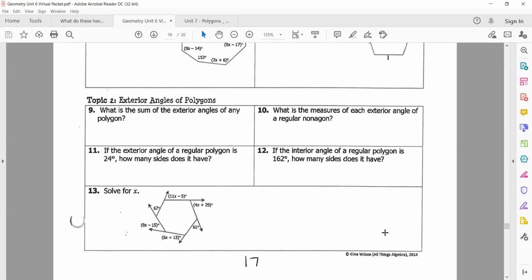Question number 9 is a giveaway for you because it asks what is the sum of the exterior angles of any polygon. Any polygon. It's not a trick question because it's the same number for every polygon. That's why it says for any polygon.